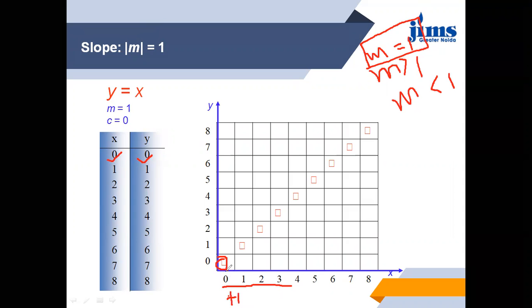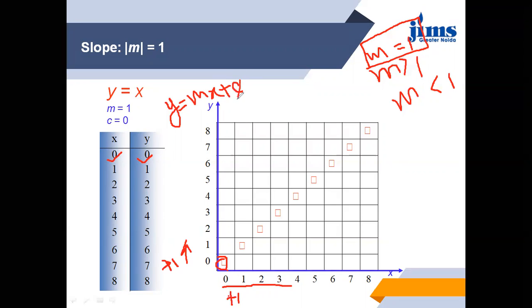Meaning in the x direction I am taking the next pixel, so in the y direction also, I have to add 1. No problem in the case of m equals 1, because we can see from the equation also: y equals mx plus c.